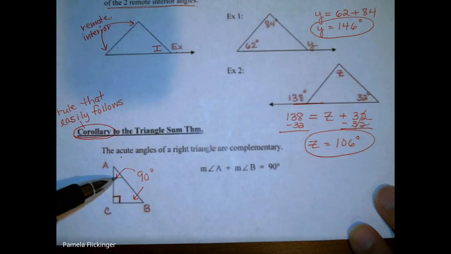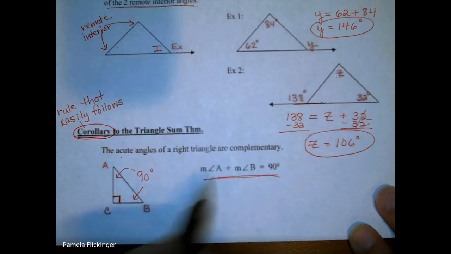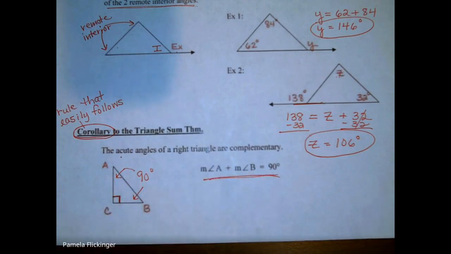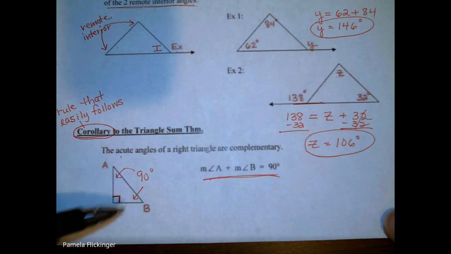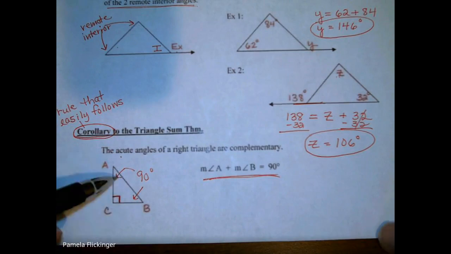So angle A and the measure of angle B have to add up to be 90 also. Just something to think about. You may certainly always use the three angles add to 180 rule, but this is just something special to right triangles. So those are the rules you're going to be using today. You should be ready to practice.